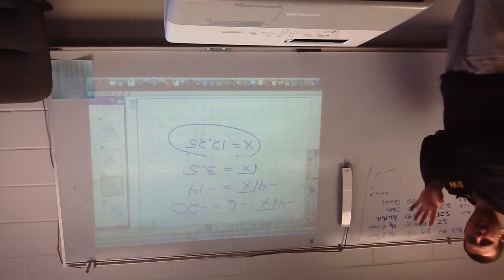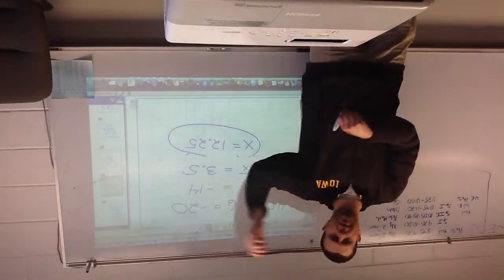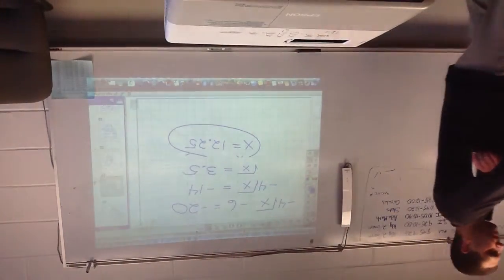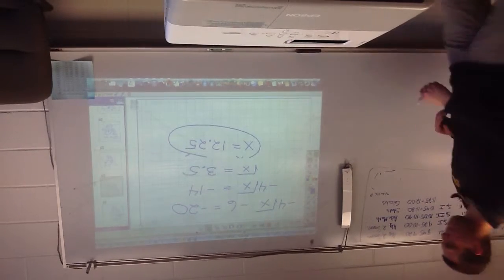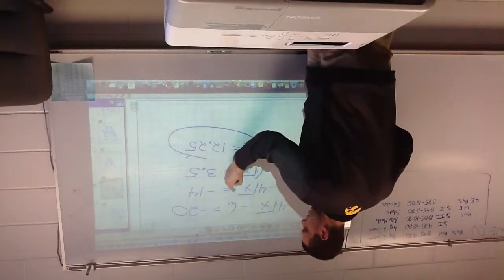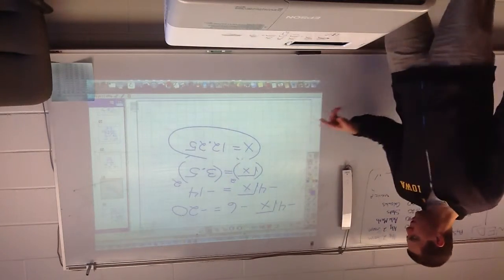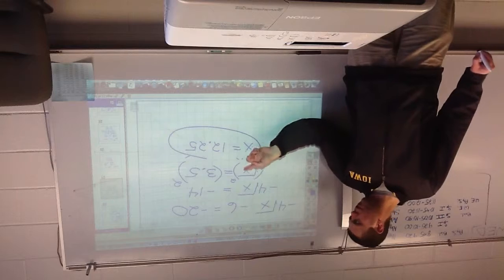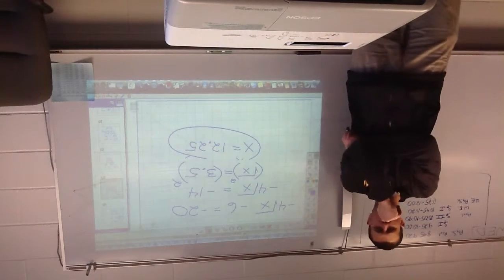Now I have the radical by itself. I just have the square root of something is equal to a number. Now what should we do? Square both sides, to get rid of the square root. When I square the square root of x, I just get x, and when I square 3.5, I get 12.25.